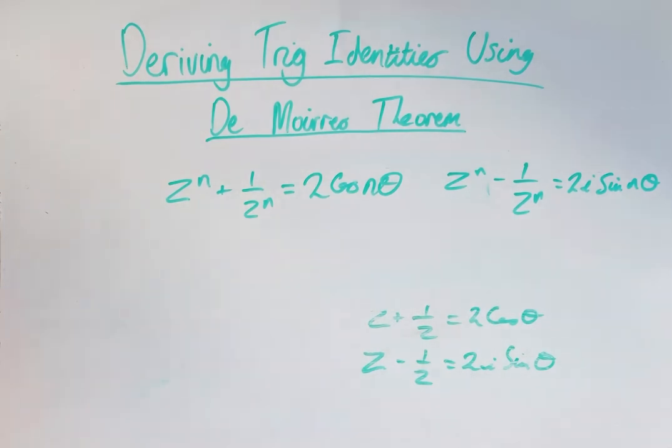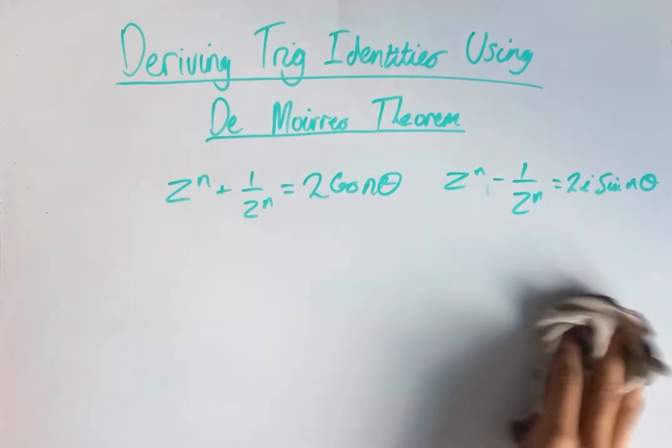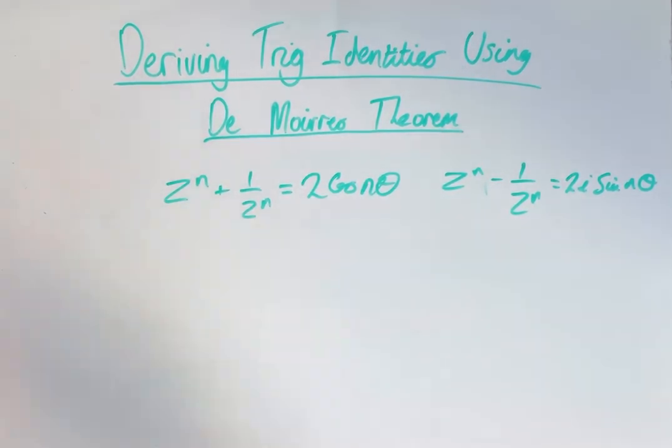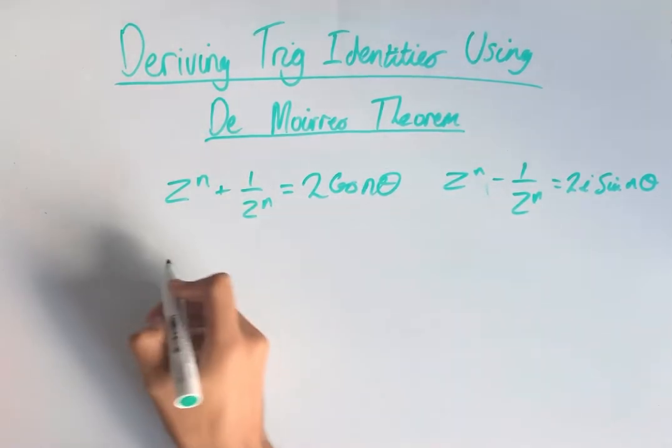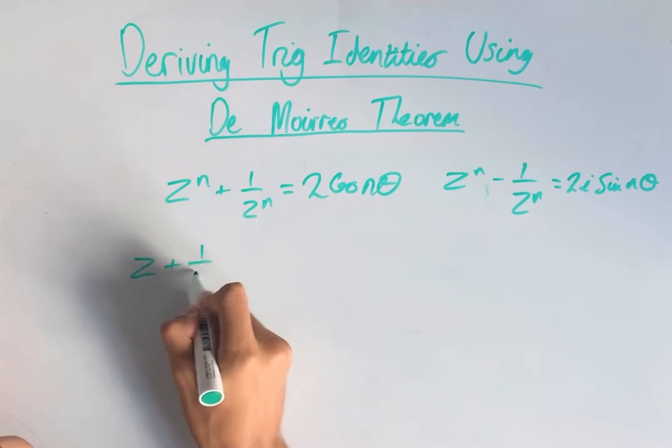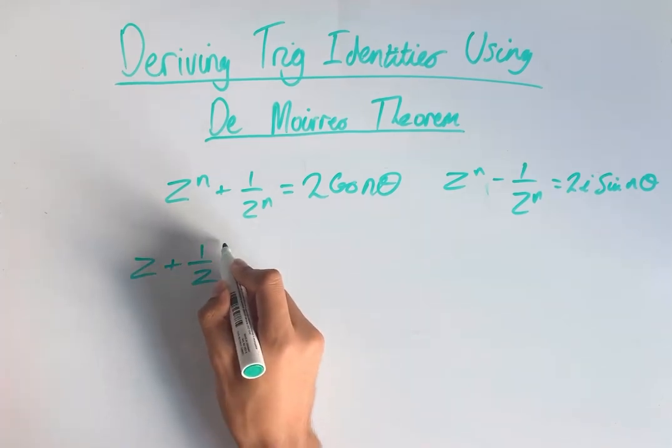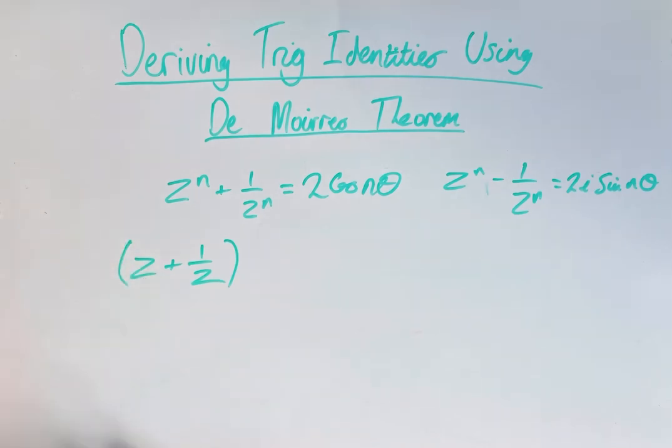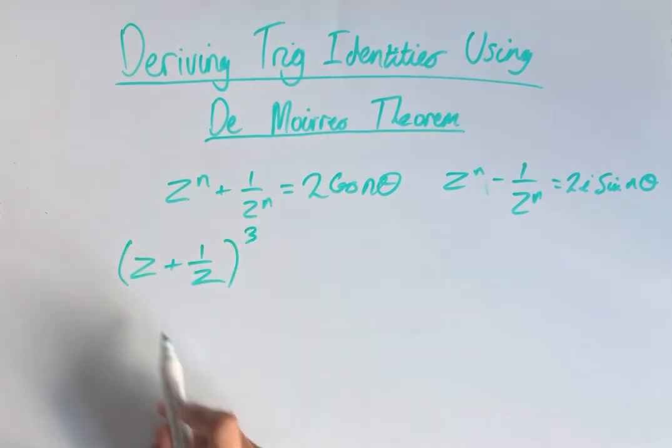Now, this can be used to find powered trigonometric functions of theta in terms of trigonometric functions of decreasing n theta. It's basically the inverse of the last method we used. So if we looked at z plus 1 over z, and let's say we wanted to find an identity for cos cubed, what we would do is we'd cube this whole thing, because this gives us a cos.